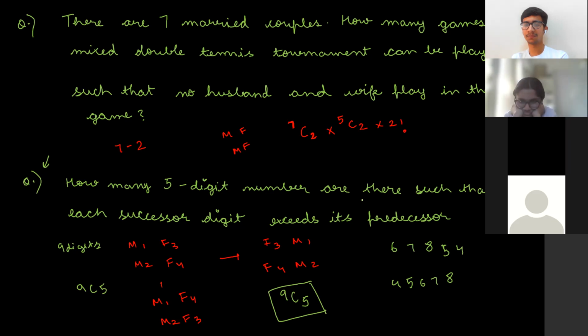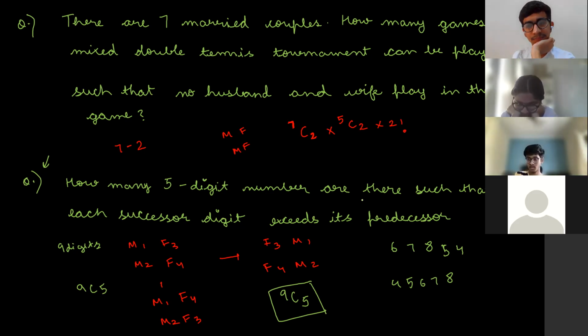Like for example, if we took 1, 2, 3, 4, 5, only in this way each successor is exceeding the predecessor. We can't put it like 1, 3, 2, 4, 5. So 9C5 will be the final answer because we have to select any 5 digits from the 9 and there's only one way to arrange them, and we don't need to do the permutation thing.